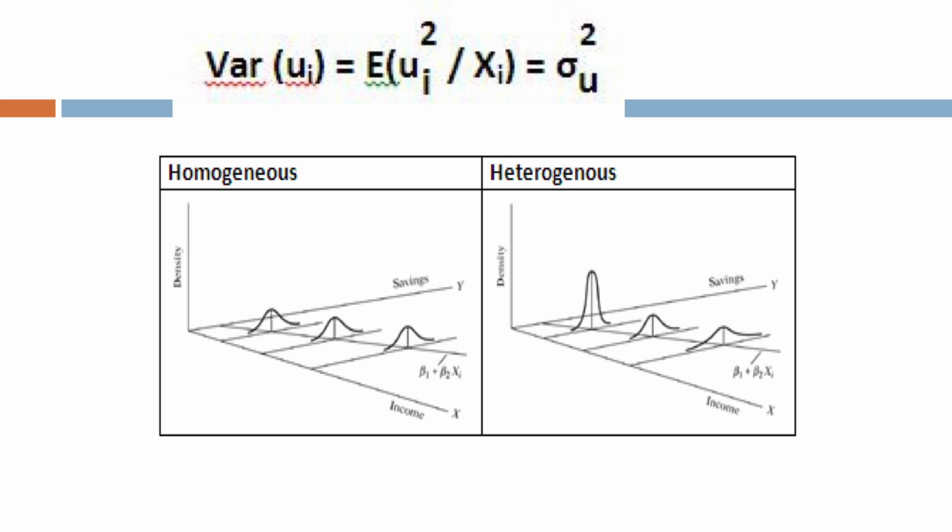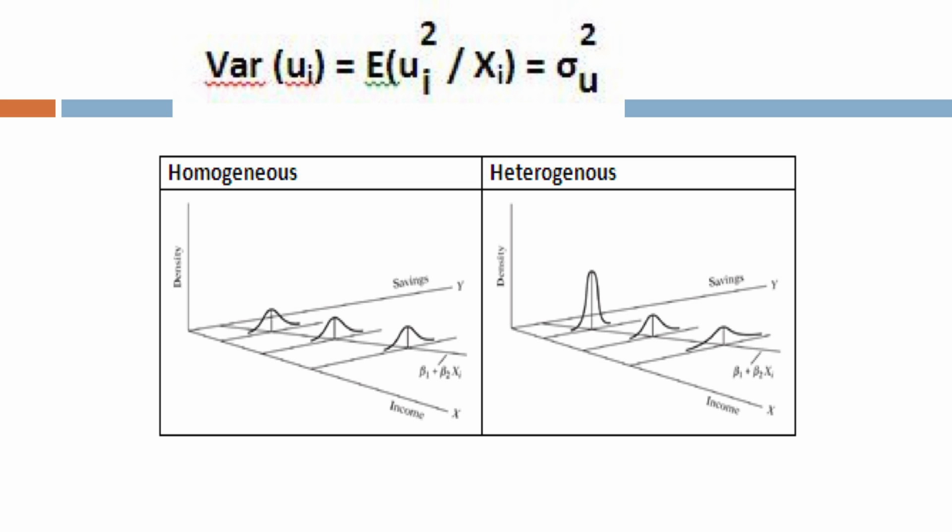Therefore, variance of u_i given x_i is equal to expectation of u_i squared given x_i is equal to sigma_u squared, that is a constant. Look at the diagram below. In this diagram, all the distributions of u_i for different observations are the same. The variance, or the spread of the distribution, is the same across all the observations of x_i.